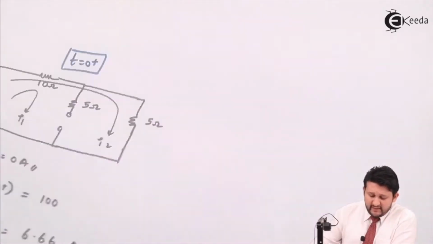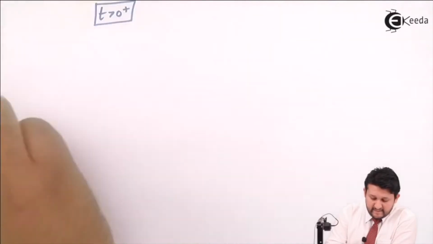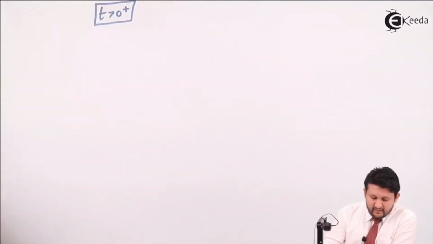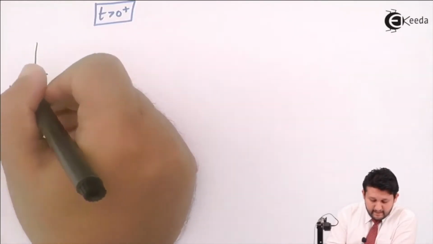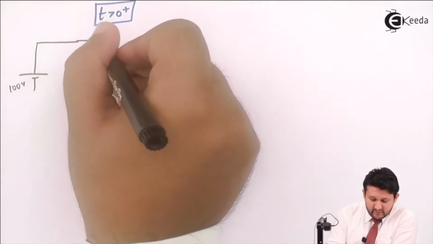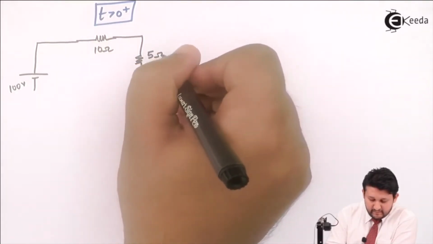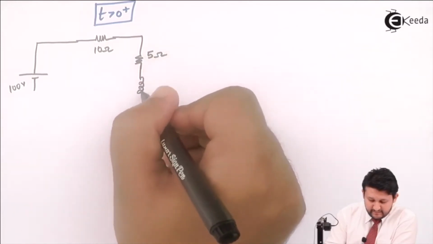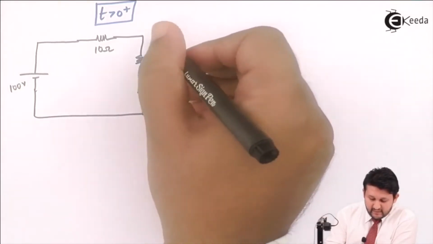So let's go for t greater than 0 plus, because ultimately our aim is to find I of t. So for the third case, t greater than 0 plus. For t greater than 0 plus, my dear friends, your circuit will behave as 100 volts, switch closed as it is, 10 ohms, 5 ohms, 0.1 Henry.